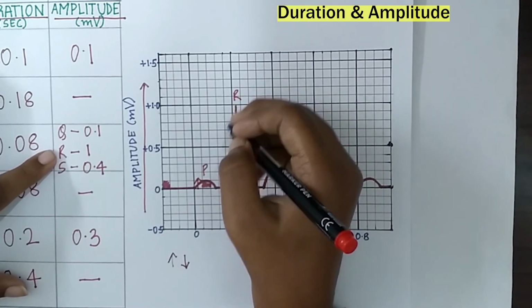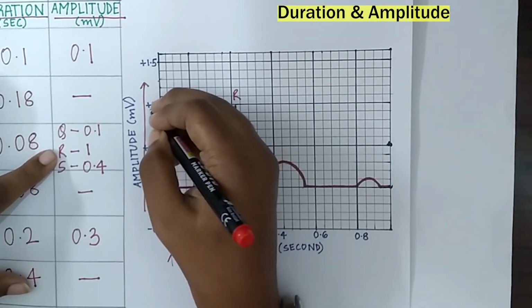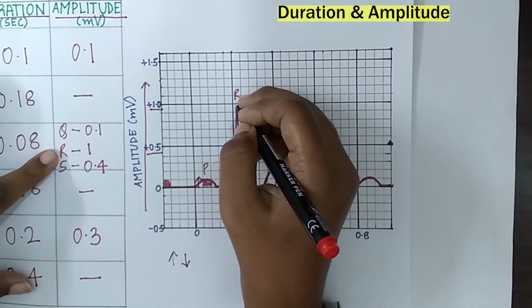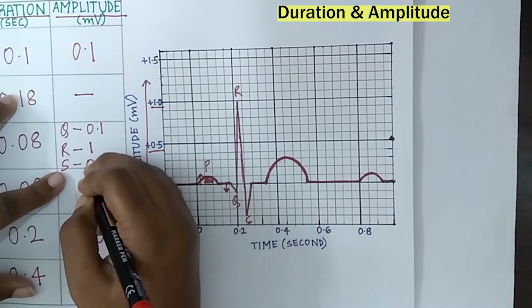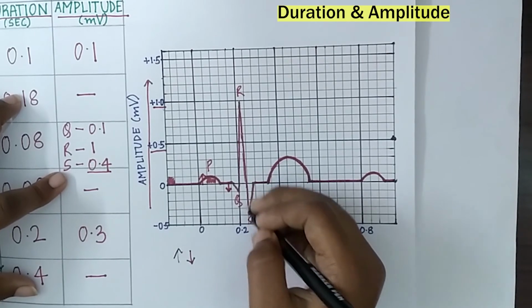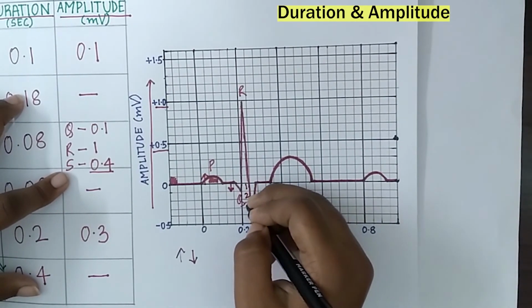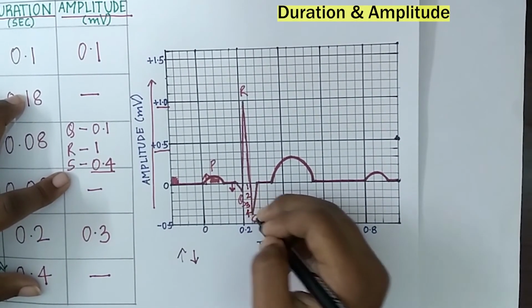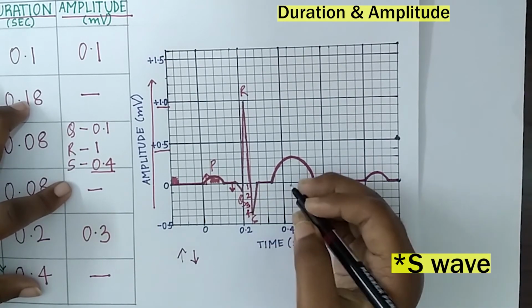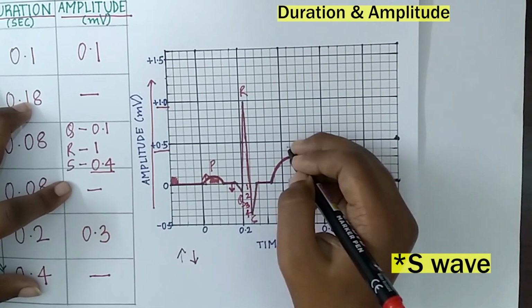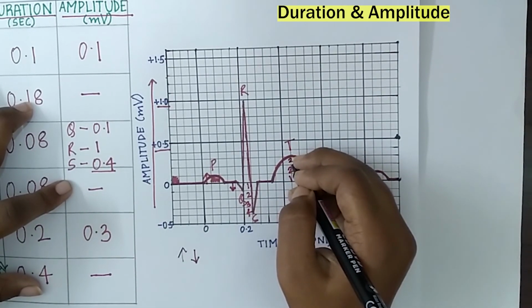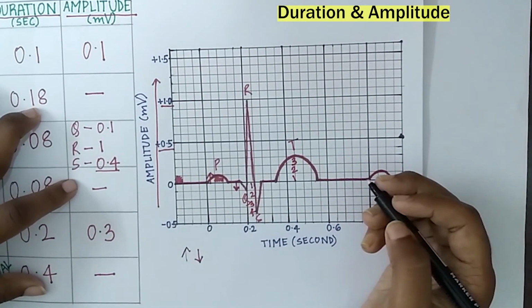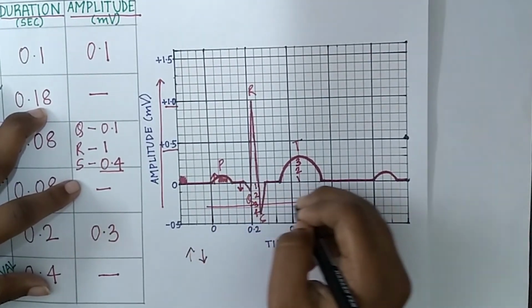So a big box is 0.5 and then 0.5, that is 1. So R wave is reaching at 1. Then S wave is 0.4. So 0.1, 0.2, 0.3, 0.4. So here is an S wave. And then T wave is 0.3. 0.1, 0.2, 0.3. And here is a T wave. Similarly, it is with the duration.